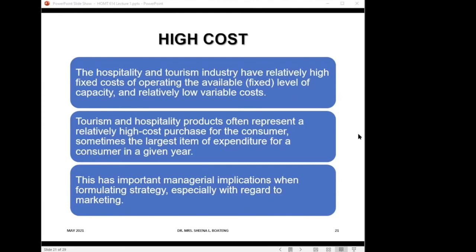All of these have cost implications. Their accommodation, the room that they stay in, the food that they consume, right? The attractions they decide to visit. All of these have cost implications. And therefore, when strategizing as a manager, you need to take all these things into consideration. And that is with regard to high cost.